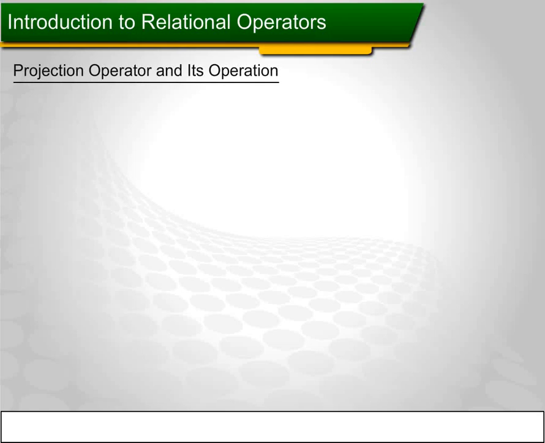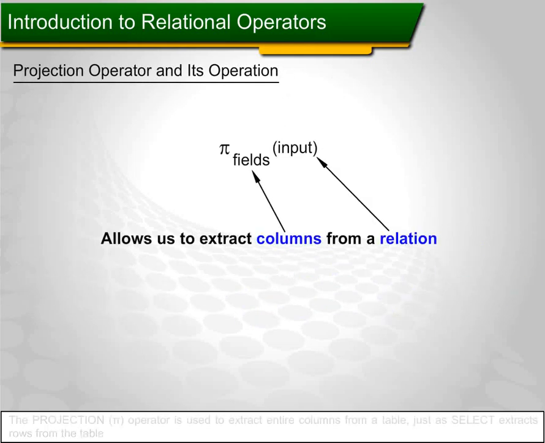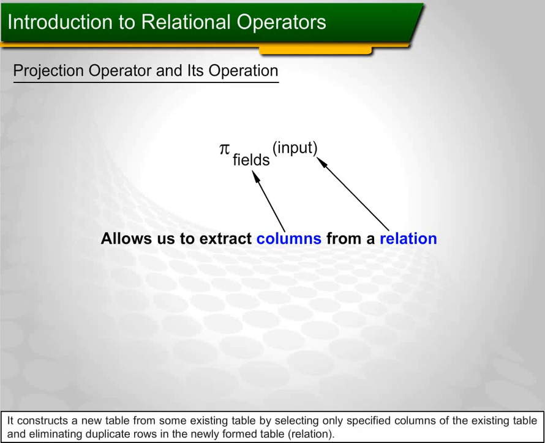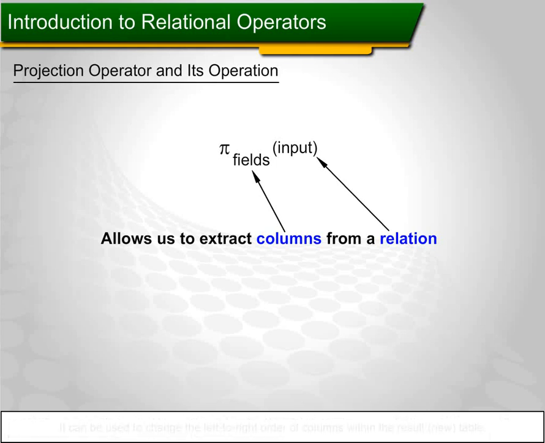Projection operator and its operation. The projection pi operator is used to extract entire columns from a table, just as select extracts rows from the table. It constructs a new table from some existing table by selecting only specified columns of the existing table and eliminating duplicate rows in the newly formed table, that is, a relation.